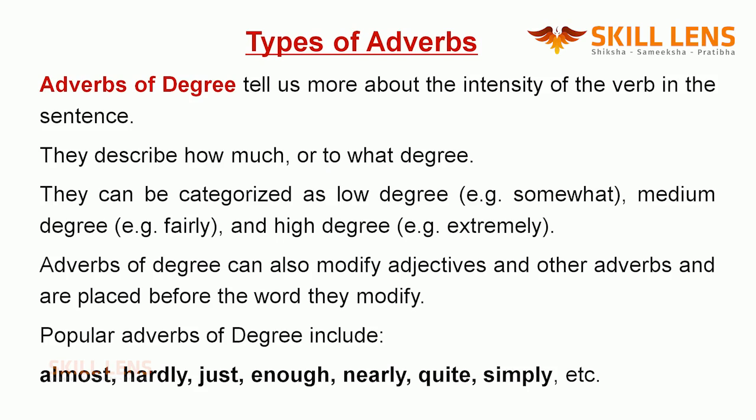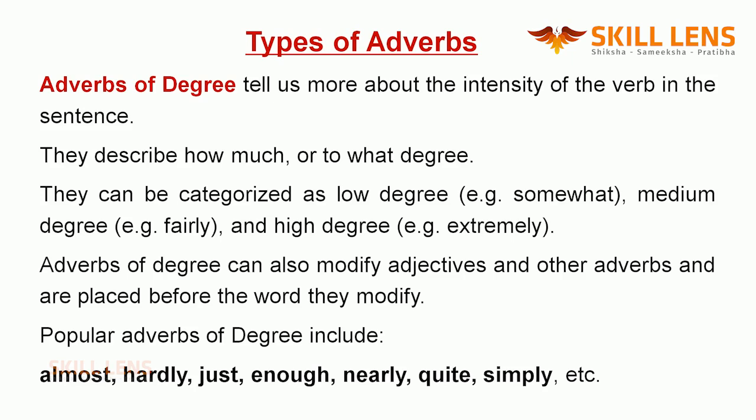Let's look ahead and study in detail what adverbs of degree are. Adverbs of degree, as the word suggests, tell us the intensity of the verb in the sentence. They describe how much or to what degree. We can categorize the adverbs of degree as low degree, medium degree, or high degree. Words like somewhat will be of the low degree category, fairly medium, and extremely high degree.